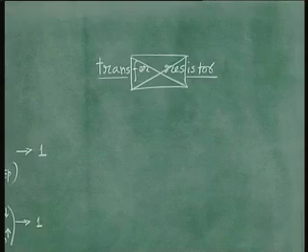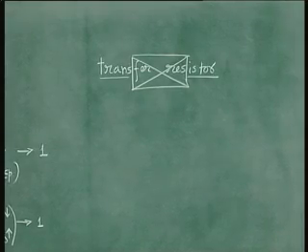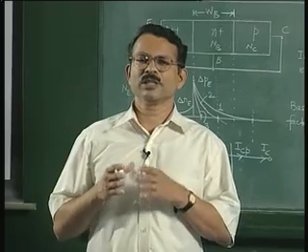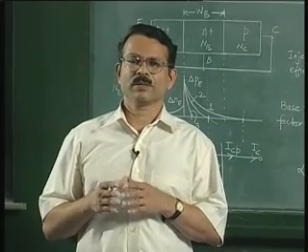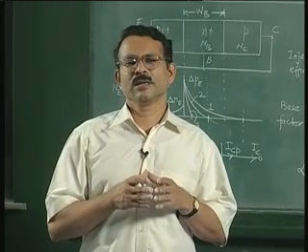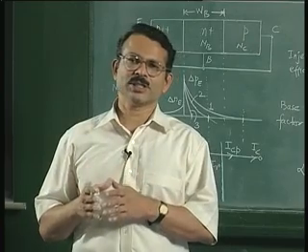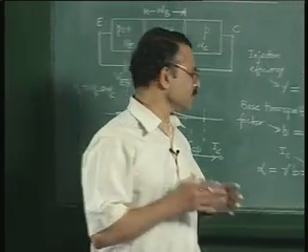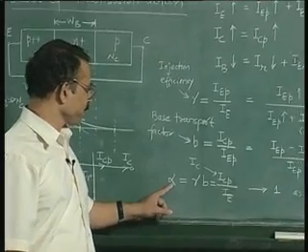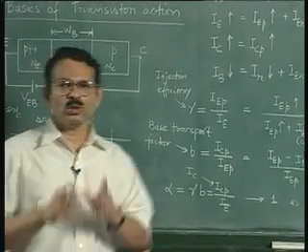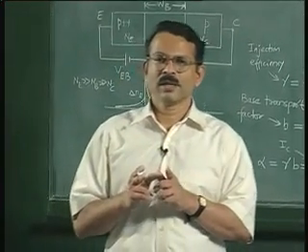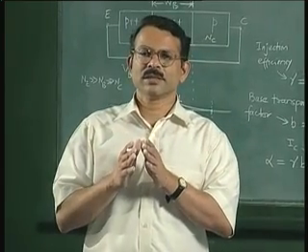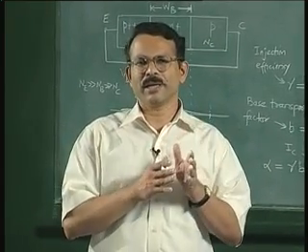Now this is the basic transistor action: transfer of current from a forward biased emitter to a zero biased collector, or from a low resistance junction to a high resistance junction. And the basic parameter associated with this transfer is alpha, and this alpha is close to 1 if the doping in the base is less than that of the emitter.